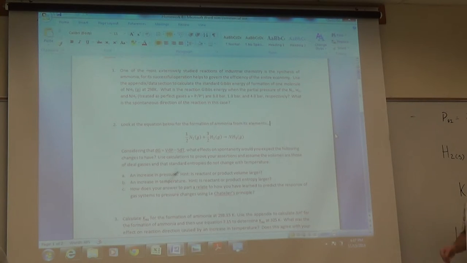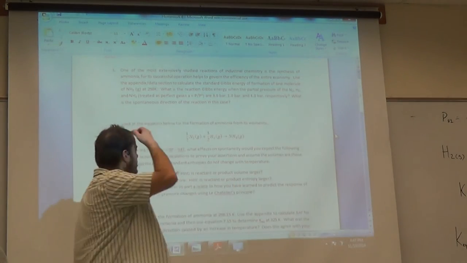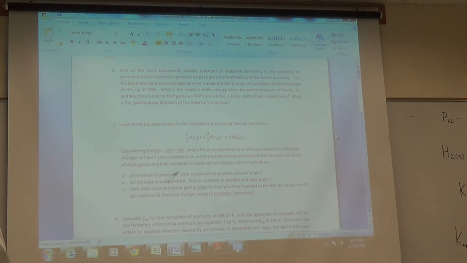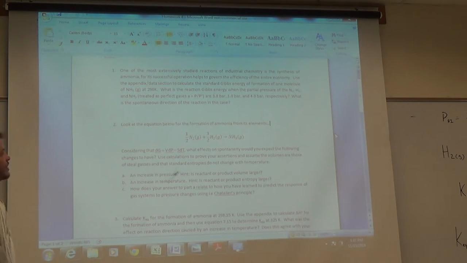So I might have already shown this to you. This is going to be your homework to take home over the weekend. I already kind of showed this to you a little bit, I think, in preparation for the last exam. But we basically give you the equation for the synthesis of ammonia, the same reaction we just looked at.